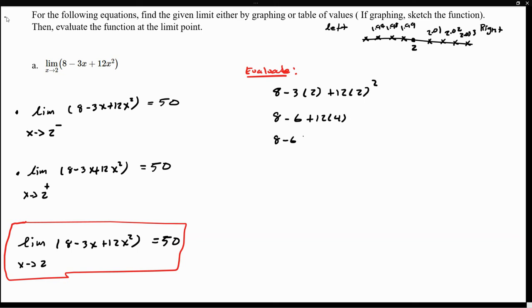So 8 minus 6 plus 48. So now 8 minus 6, that's 2. And 2 plus 48 equals 50. So notice that we got the same value if we were to just evaluate the function at 2. So that's just one way to realize what's going to happen here. But now, let's be careful with this evaluation method, and you will see it in the next example.